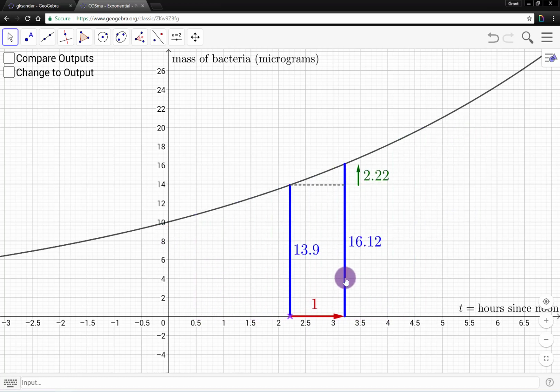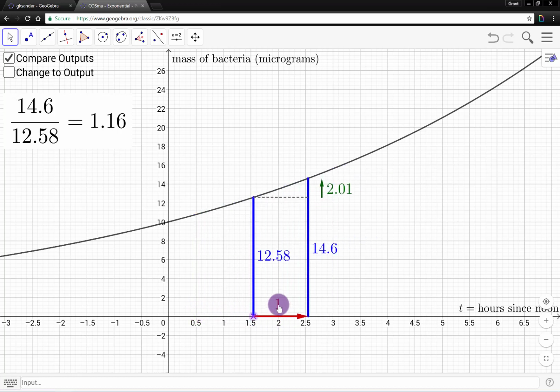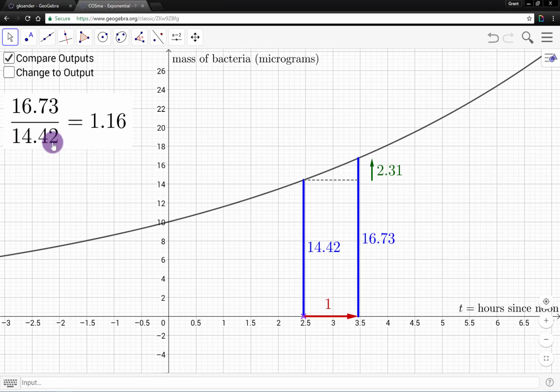So if we compare this final output to the initial output, so right now 16.12 divided by 13.9, we get a value of 1.16, which means that the mass of the bacteria at the end of this 1 hour interval is 1.16 times as large as the mass of the bacteria at the beginning of that 1 hour interval. As I vary the initial value of t, those values vary, but the ratio of the final mass to the initial mass is constantly 1.16.